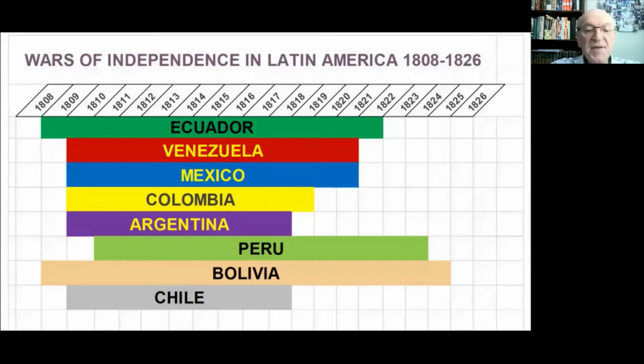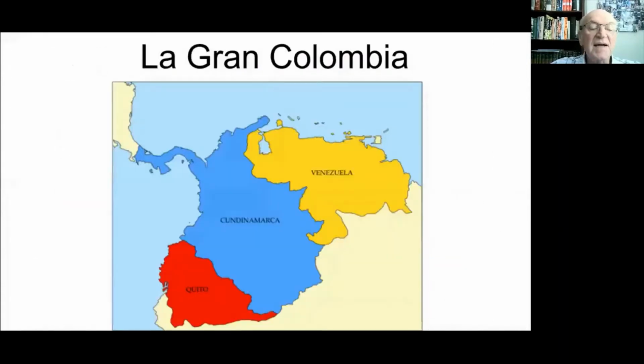Regarding northern South America, Simón Bolívar had a great idea, La Gran Colombia. He wanted to unify Venezuela, today's Colombia and today's Ecuador, into one country called La Gran Colombia, and he succeeded. They drew a constitution in 1821.